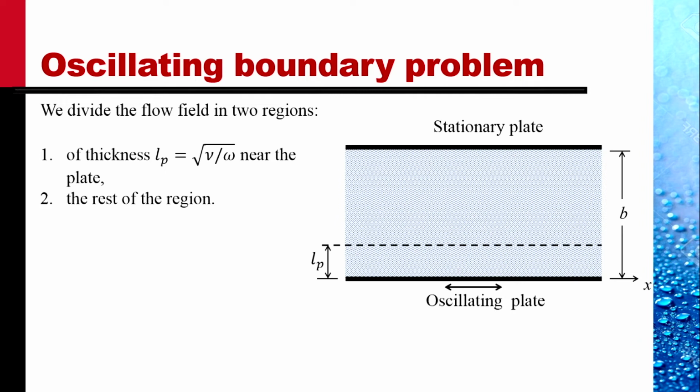So how is the problem handled? We divide the flow field in two regions. One, a thin layer of thickness LP equal to under root nu over omega near the lower plate, and then the rest of the region. We term this region as the boundary layer, and we term this region as the outer layer.